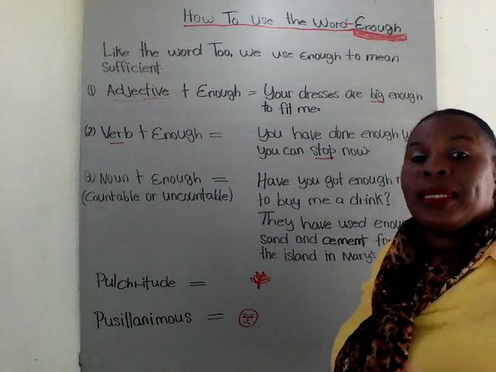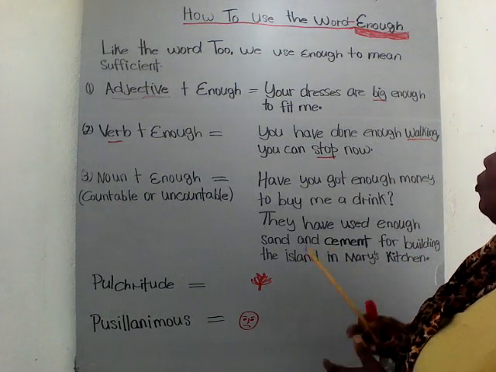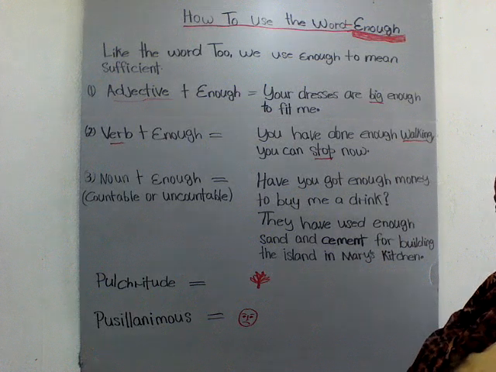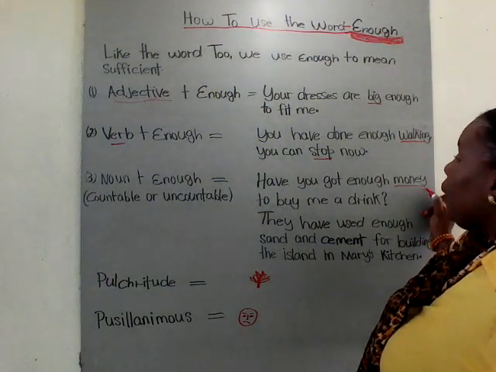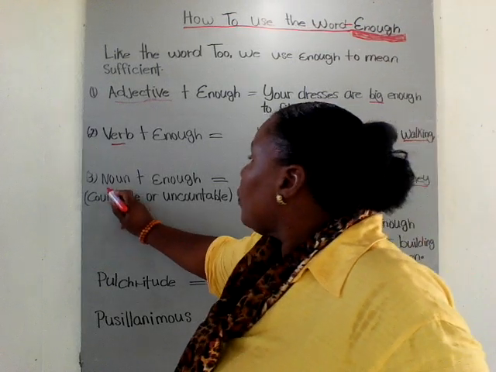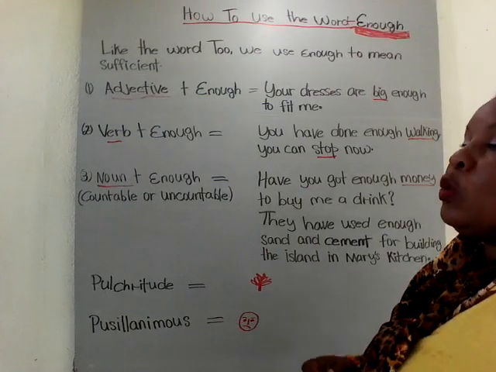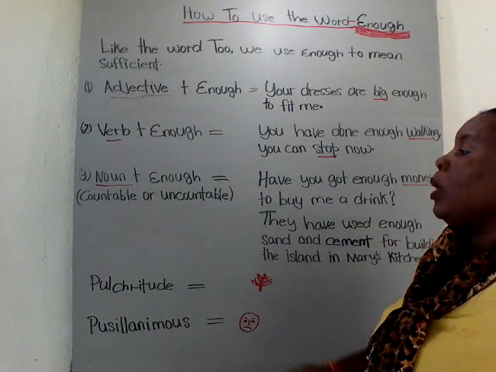When you go to the bank, the teller can count the money, right? So have you got enough money to buy me a drink? So money would be a thing here. So you can use enough with adjectives, verbs, and noun.